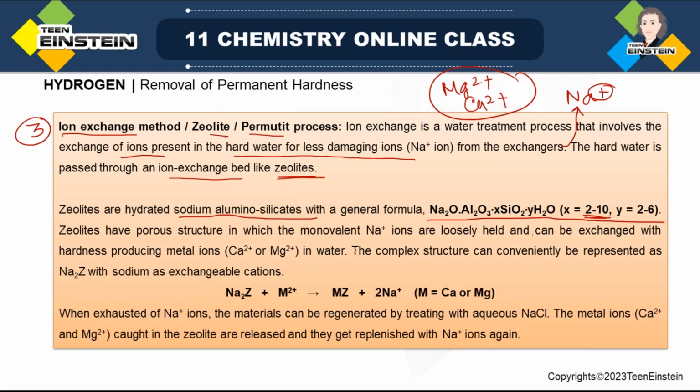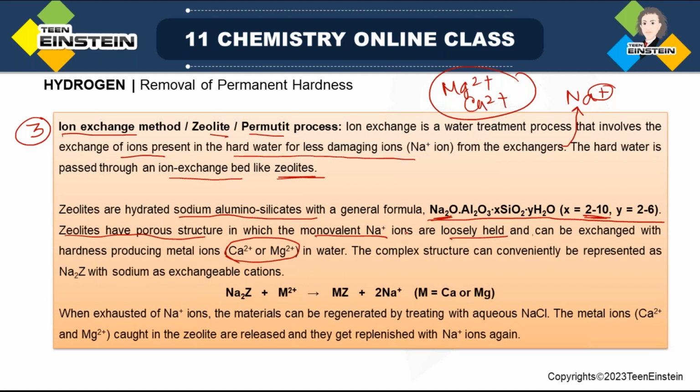So there are actually different types of zeolites, but this is the general way we can express it. And water molecules are also there. So see here, these Na+ ions have a porous structure where monovalent Na+ ions are loosely held. Now these ions can be exchanged with the hardness producing ions, these two.